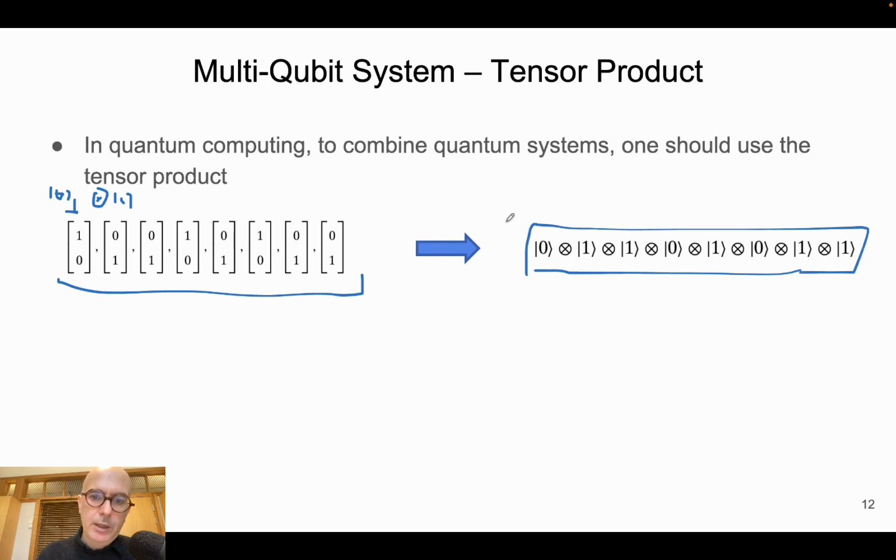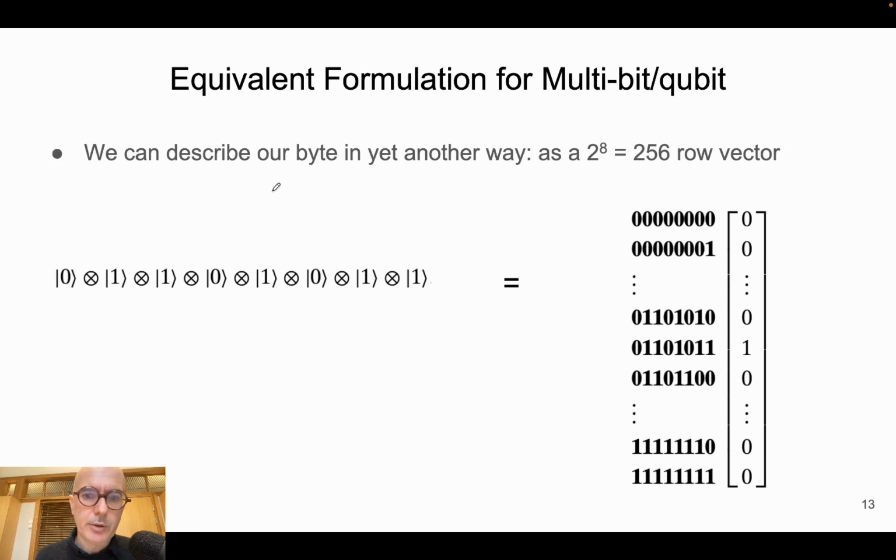These are basically two equivalent formulations. The important part is that we use the tensor product to express this. Whenever we combine quantum states in quantum physics, we use the tensor product. This also gives rise to yet another equivalent formulation that we will use throughout the course. We can describe our byte in another way, as a vector of length 2 to the 8.